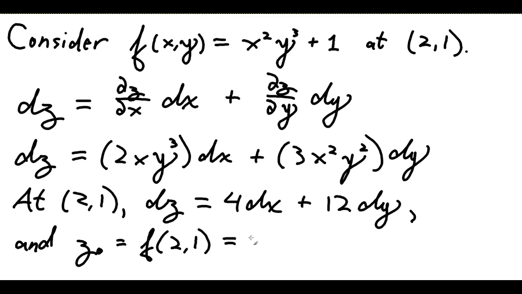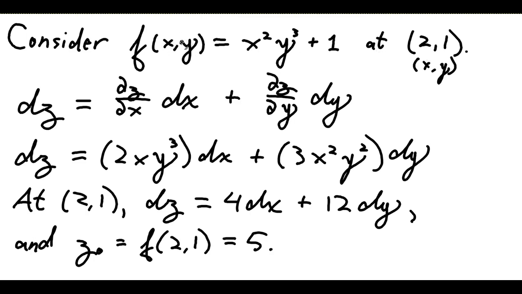Plugging in 2, 1 looks like 5. Okay. So when you're dealing with problems like this, you want to pay attention to the context of what is being described and look at the point that you're being given. You might be asked about the point 2, 1, in which case that implies that this is an xy ordered pair.